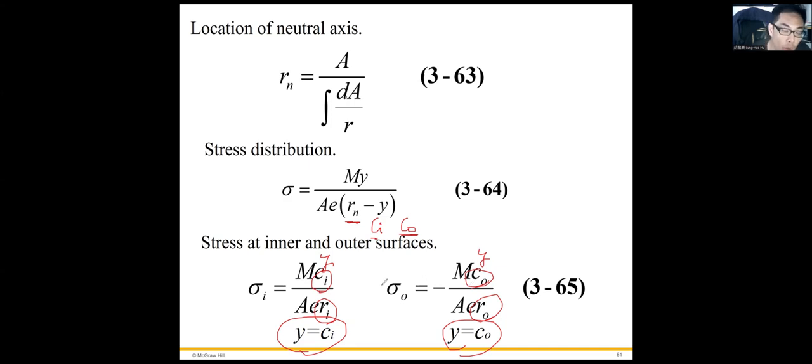So we can figure out when the curved beam undergoes pure bending, what the stress is along the inner surface and what the stress is along the outer surface.